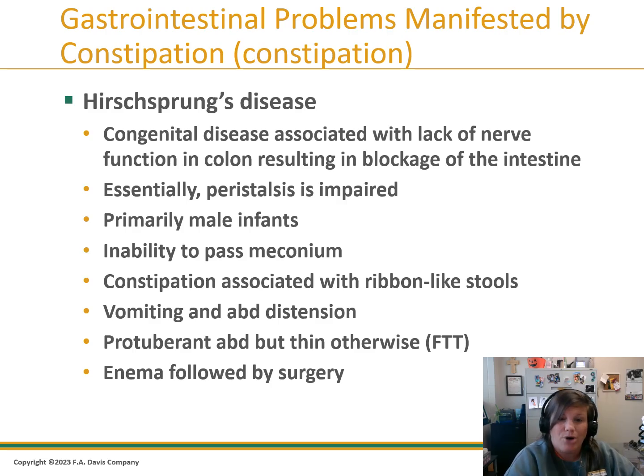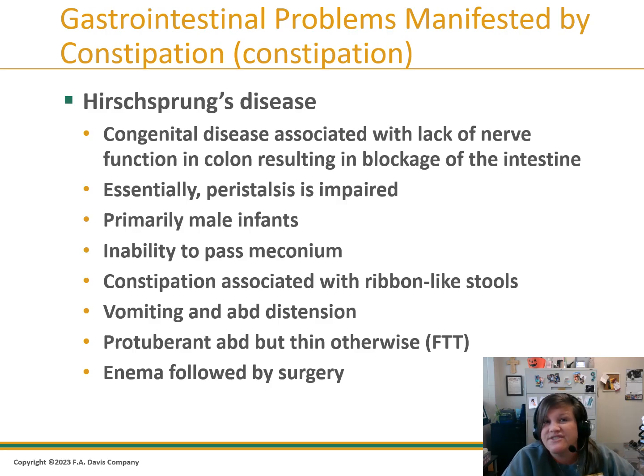So we're having problems with the digestion. Basically, the peristalsis portion of the digestion is impaired. This is primarily males, and that's because of its genetic nature. It's evidenced from day one because these babies can't pass meconium.